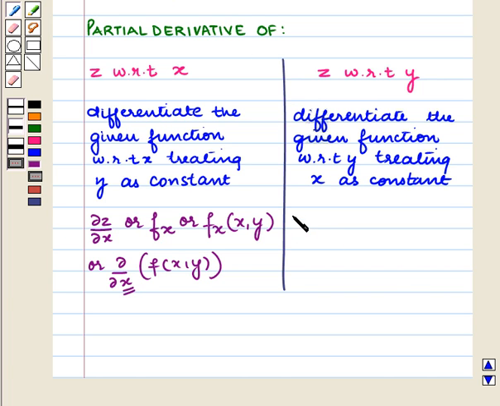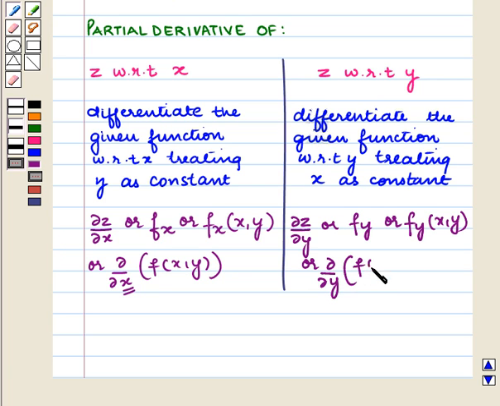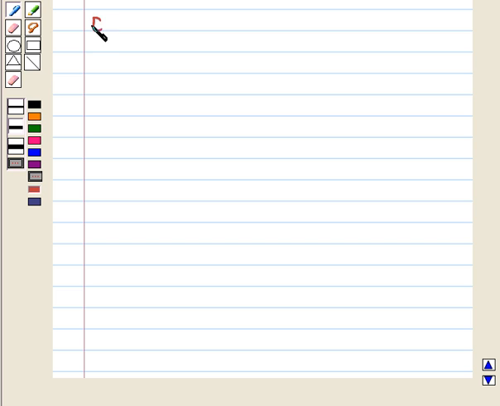This is denoted by del z by del y, or f sub y, or f sub y of xy, or del by del y of f of xy. That is partial derivative of f of xy with respect to y. To make it more clear, let us consider an example.